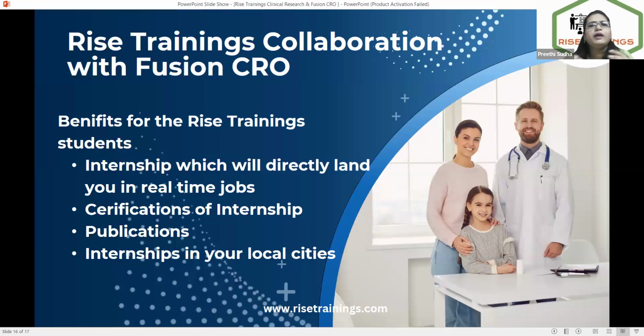That is the reason many people won't go for the publication, because it is a very hard one. But here, Fusion CRO helps you to get publications also, which is a very wonderful thing for any fresher.